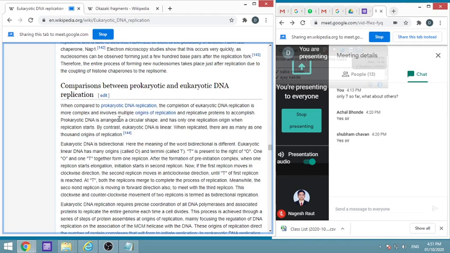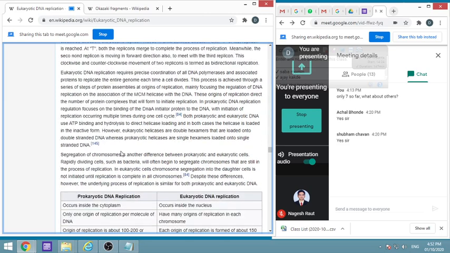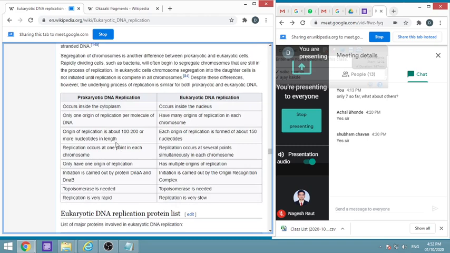In prokaryotic it is small, usually a cyclic or circle-like structure, while here it is a long and continuous process. So these are the various important differences. You might have seen the basics in microbiology. Okay, we'll go through the classic, very typical differences.